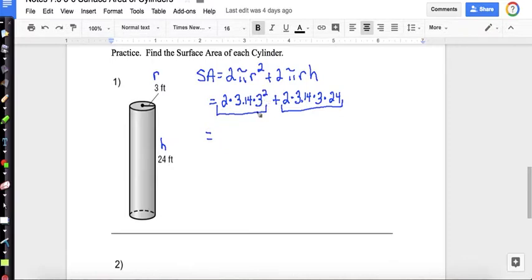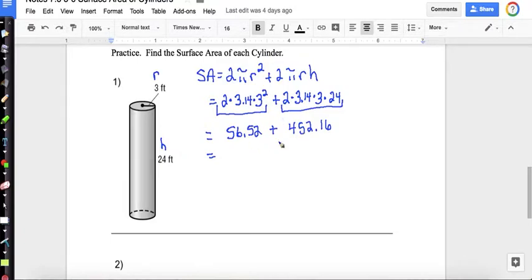So if you ever get something on your calculator that doesn't look right, remember to hit equals after. I type this in, I remember to hit equals, and I get 56.52, or 56 and 52 hundredths. Plus, this is pretty straightforward to type in: 2 times 3.14 times 3 times 24, and I get 452 and 16 hundredths.